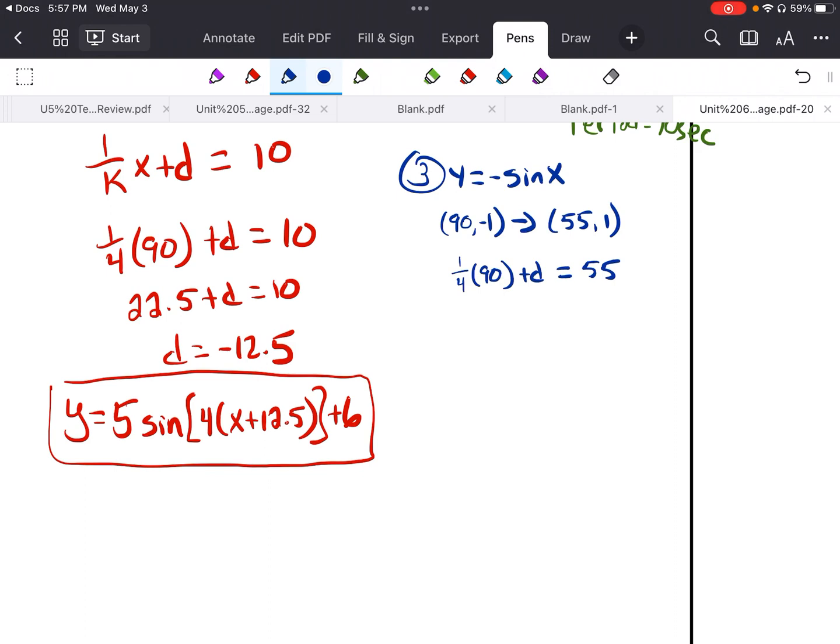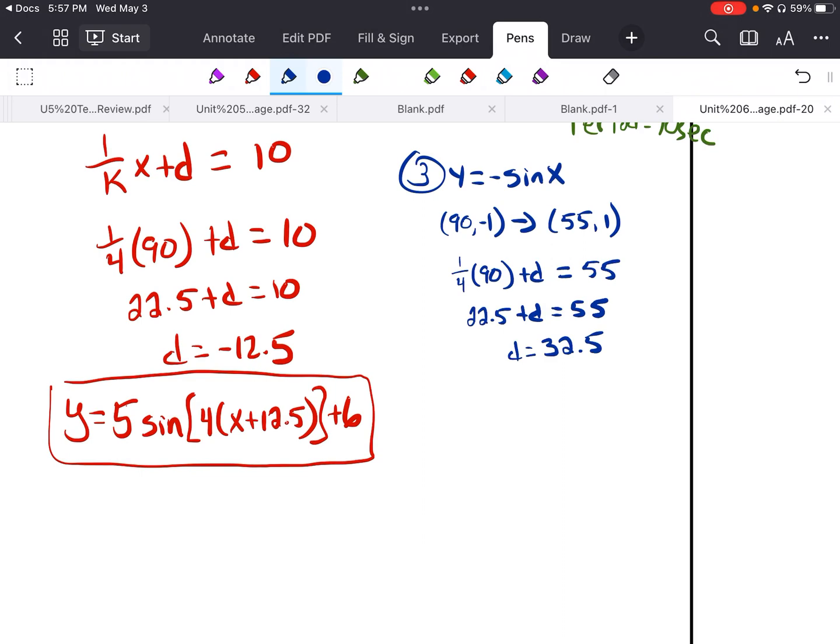Because again, we're moving from the parent function to the new function, so it moves from 90 to 55. So when we plug this in, 22.5 plus d equals 55. 55 minus 22.5 is 32.5.